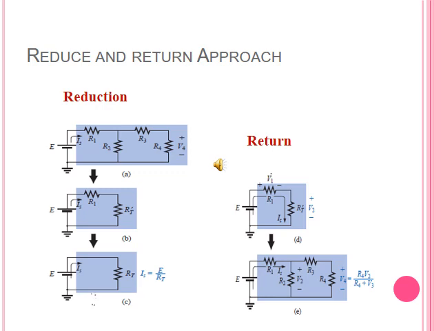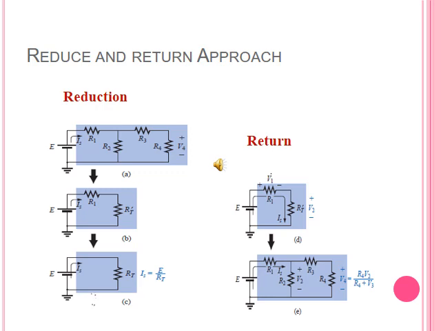After finding the total resistance RT, we are able to find the total current IS, E over RT, as we already know about Ohm's law and the formulas used to deduce such circuits. After that, we have to return to the original position to find the value of V4, as our target is V4.